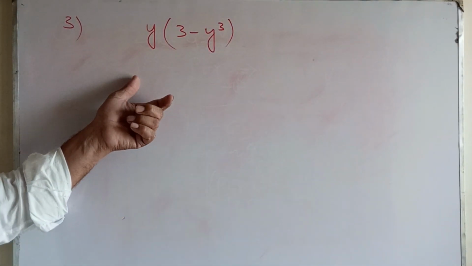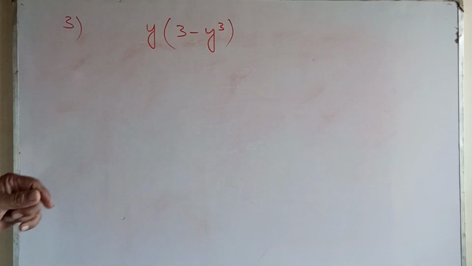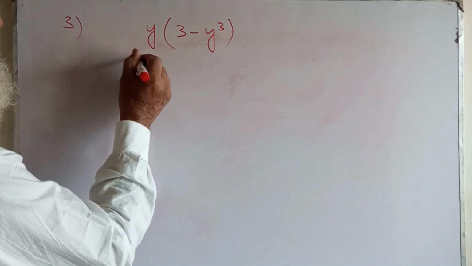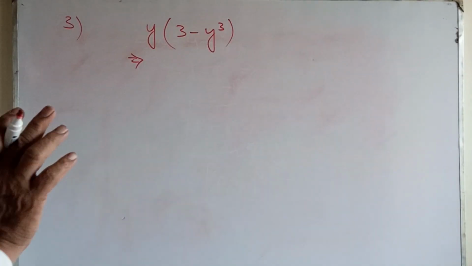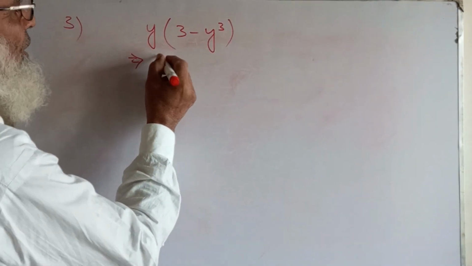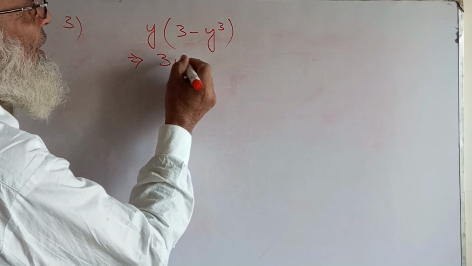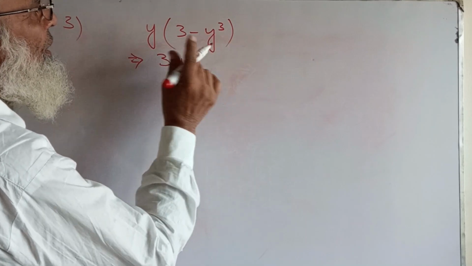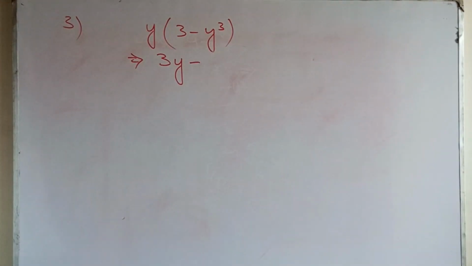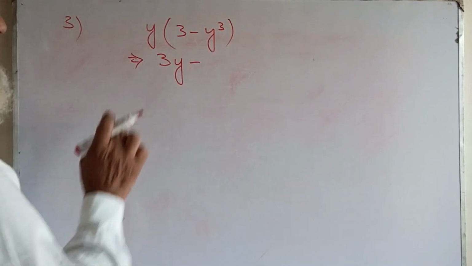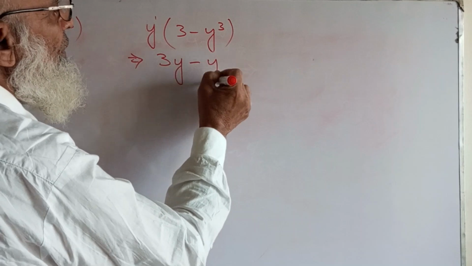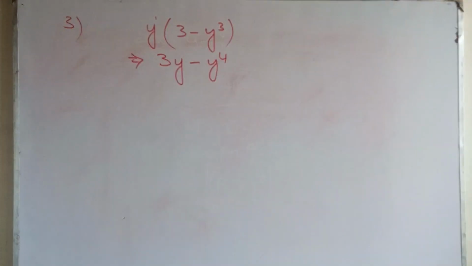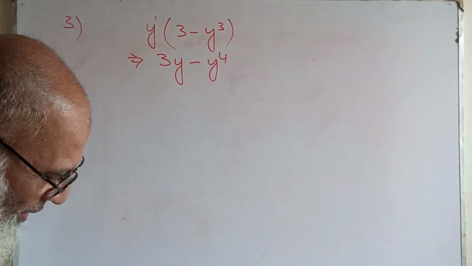Suppose that y has already been taken out as a common factor, so I have to multiply it back in. 3 multiplied by y is 3y, and y multiplied by y cubed, the bases are the same so the powers are added. Here it is power 3, here it is 1, so it becomes 4. Now this is your answer.